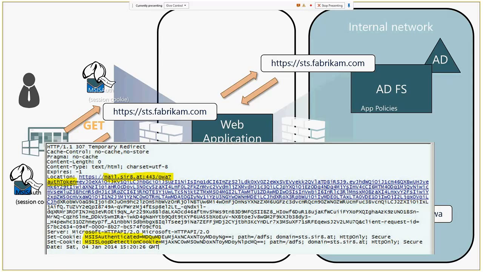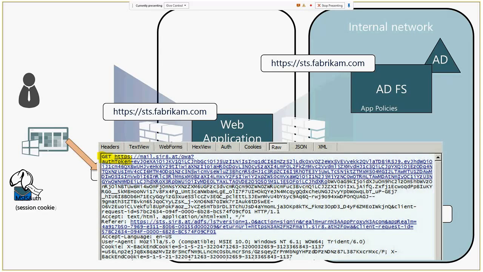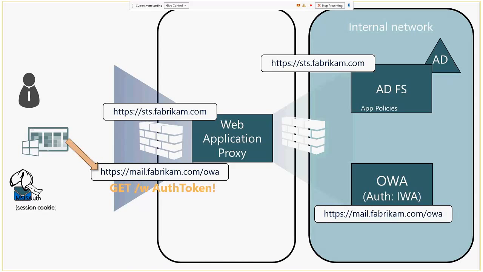Okay, so with that auth token, we can go back to our web application proxy and show that token. So we're now going to say, yep, dear web application proxy, I want to go to my original URL, and I want to show you my auth token. And with that auth token, the web application proxy is going to do its KCD story. So the whole thing is taking my credentials, verifying them against ADFS.